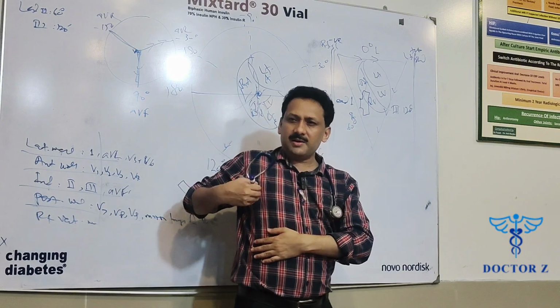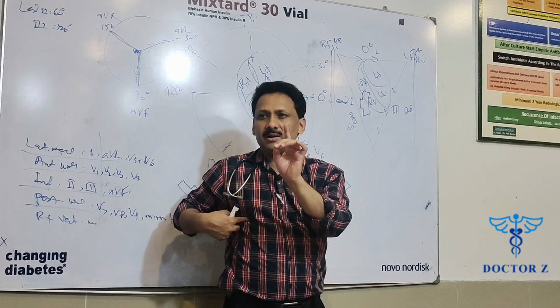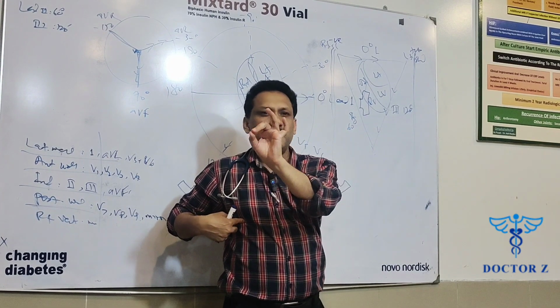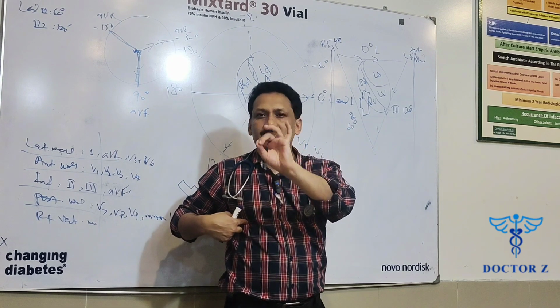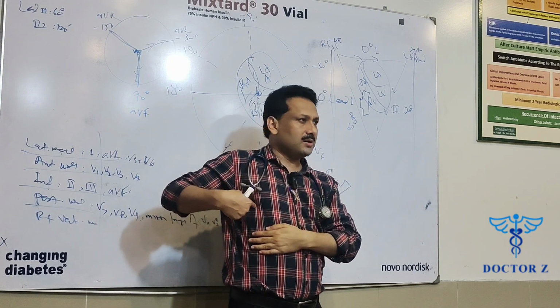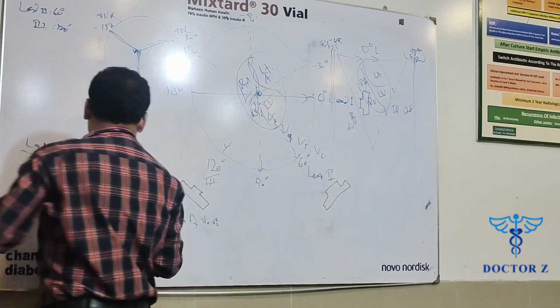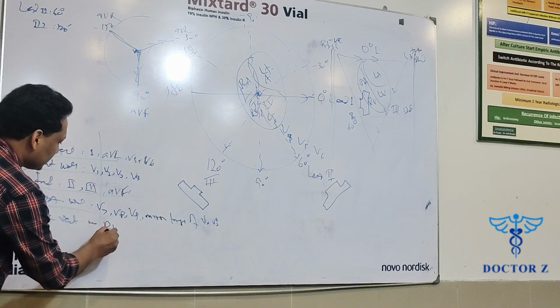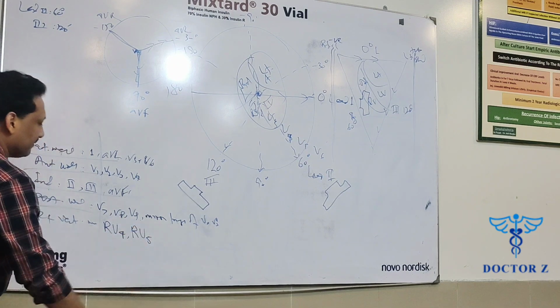Now remember, lead RV4 and lead RV5, or camera RV4 and camera RV5, will be seeing your right ventricular wall. So for that right ventricular wall, we use RV4 and RV5.